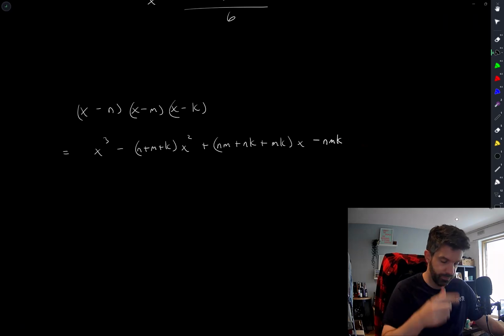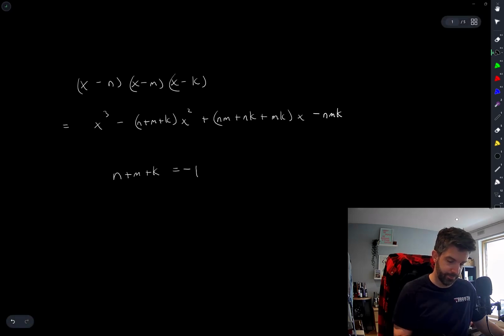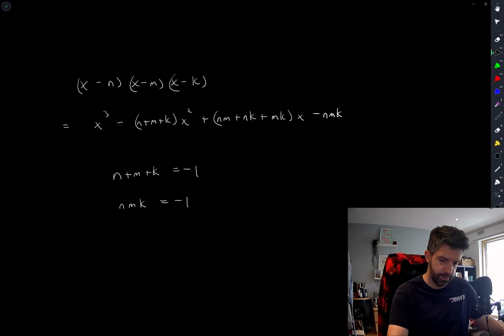So n plus m plus k is negative 1, and nmk is negative 1. I don't think this is a great way of doing this.